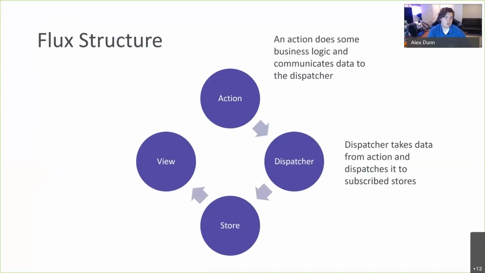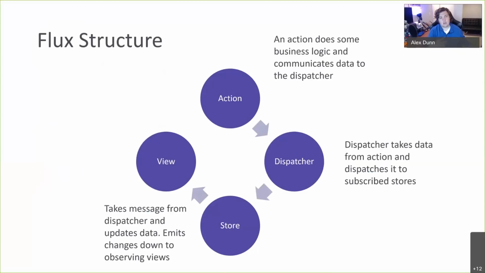And the dispatcher says, all right, let me send all of that information to whatever stores you have. These stores take the information from the dispatcher, regardless of where it came from, do something to update the state of the data within it, and then propagate or emit those changes down to the views that are subscribed to it.